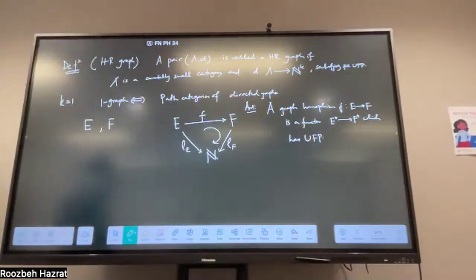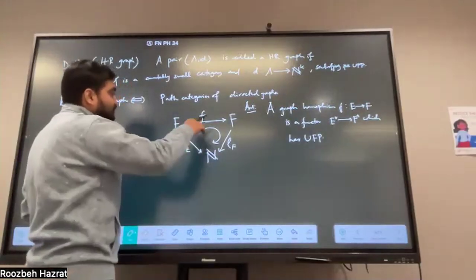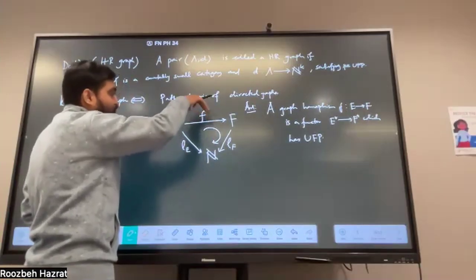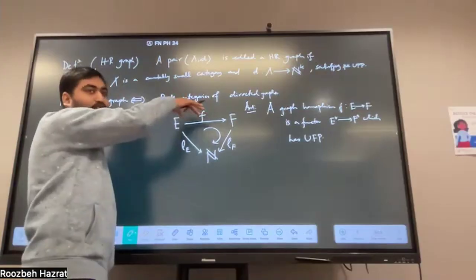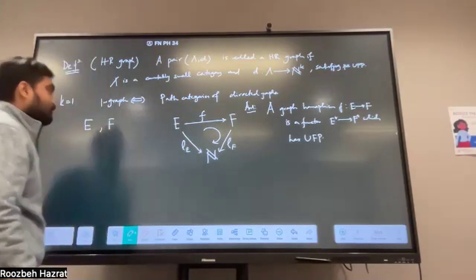So these are precisely the graph homomorphisms, the functors which have this unique factorization property. This is quite clear to see from this commutative diagram. Any functor which makes this diagram commute will obviously have the unique factorization property, and obviously you can check that any graph homomorphism has this.